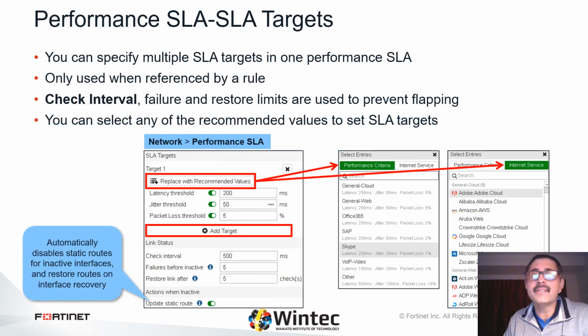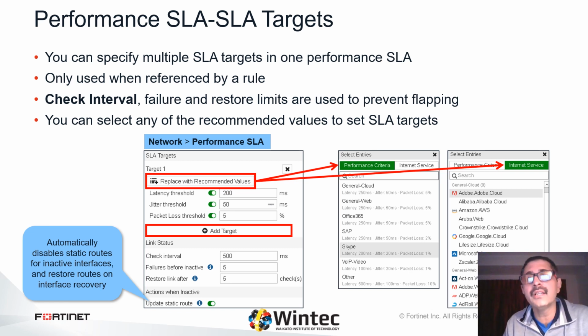Now a word about the SLA targets. The quality of service for traffic associated with this performance SLA is defined by the SLA targets. An SD-WAN member link assigned to this performance SLA must meet the SLA targets in order to be selected over the other participating links.